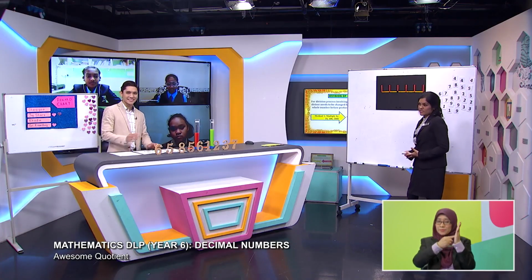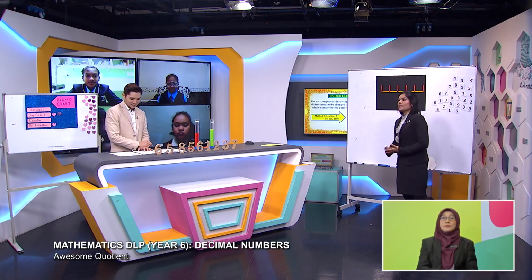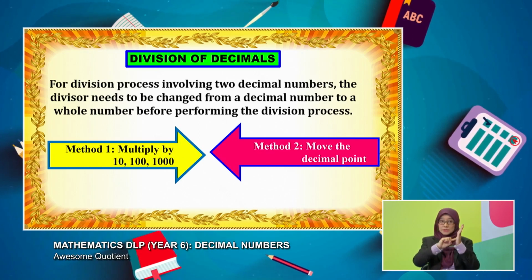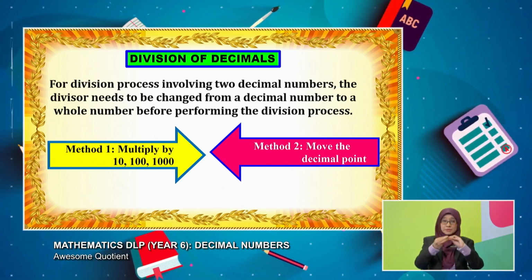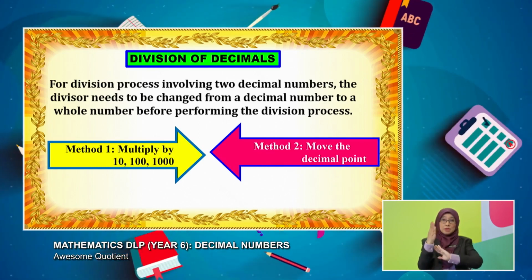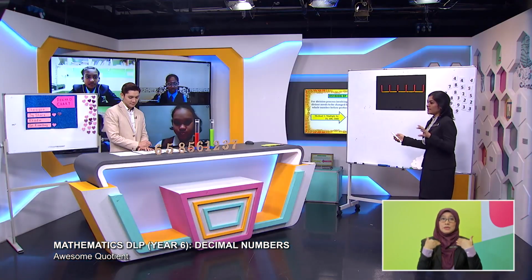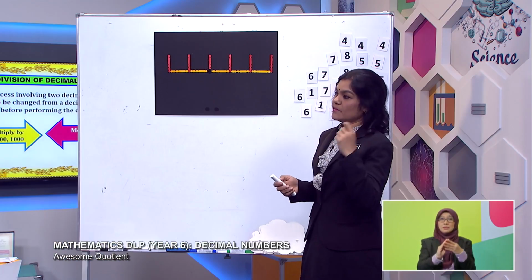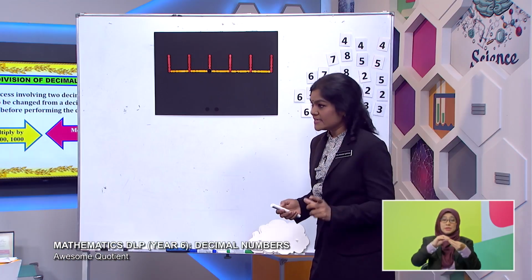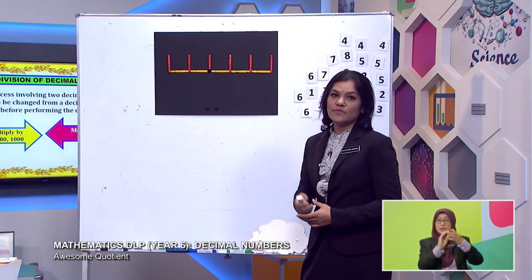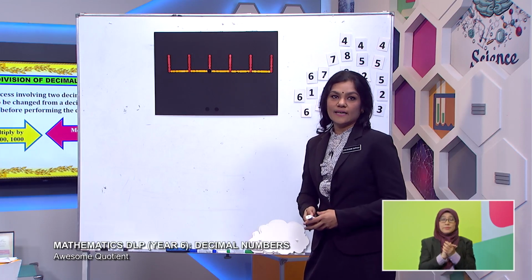In division of decimals, a process involving two decimal numbers, the divisor needs to be changed from a decimal number to a whole number. In division, we have the divisor and the dividend. The number we divide is the dividend. The number that is going to divide is the divisor. So we have to change the divisor to a whole number before you proceed with the division.